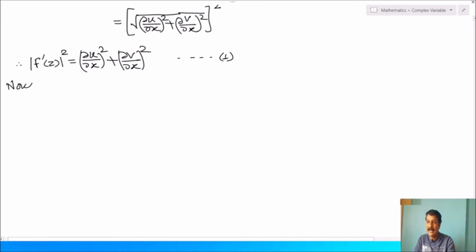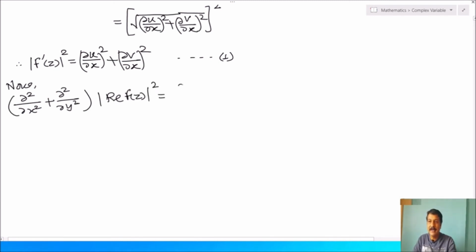Now for the left hand side, I am taking ∂²/∂x² plus ∂²/∂y² of mod of real part of f of z whole square. What is the real part of this? It is u, so the square is u square.